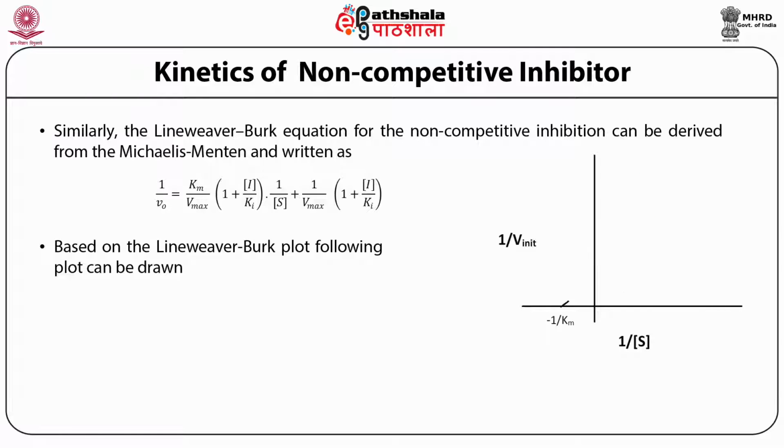So, what we are doing is performing two independent kinetic experiments. In one we have inhibitor and in the other we do not have inhibitor, and a particular pattern of Lineweaver graph is observed, and that observed pattern will tell you the mode of your inhibitor.